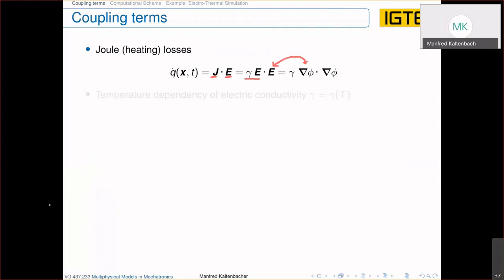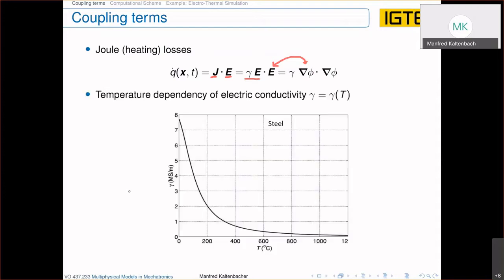So in this sense, we have here the coupling from the electric flow equation to the heat equation. And the main coupling back is that the electric conductivity, gamma, is a function of the temperature itself.